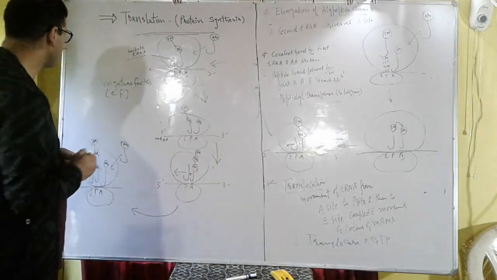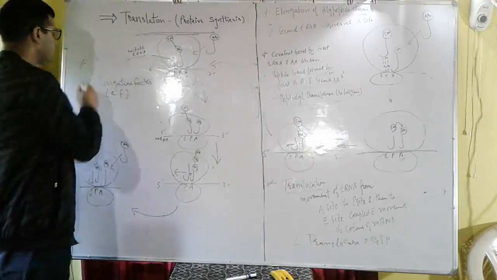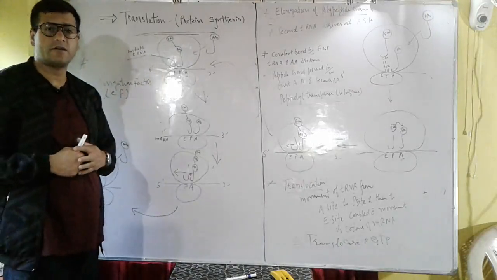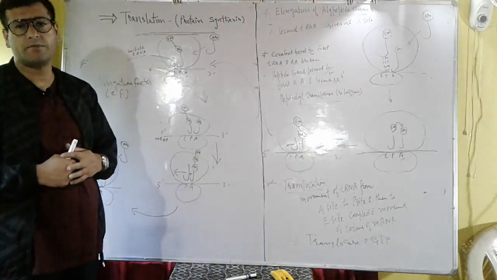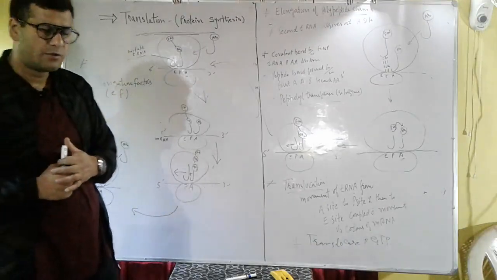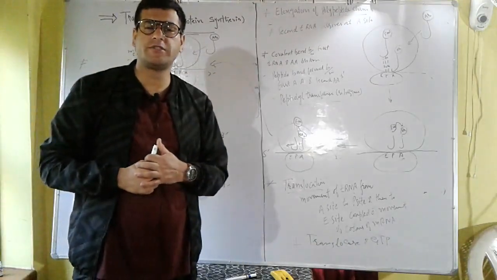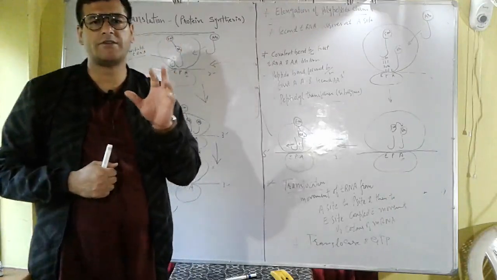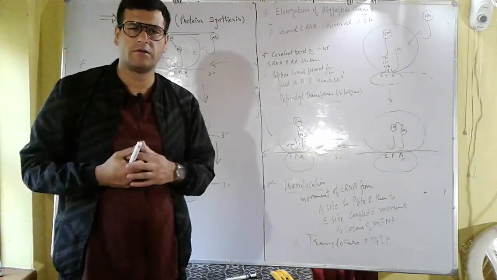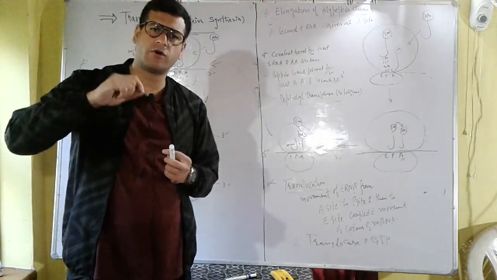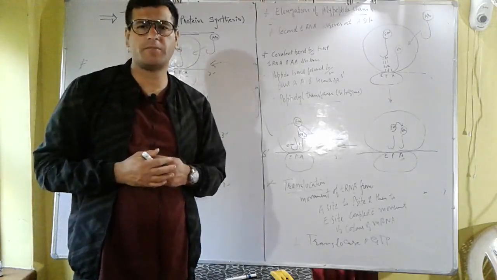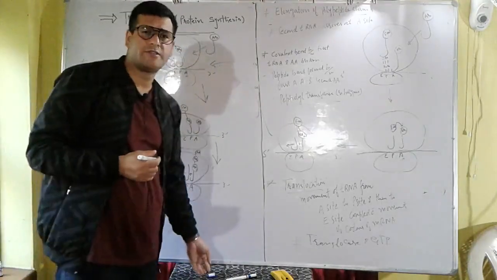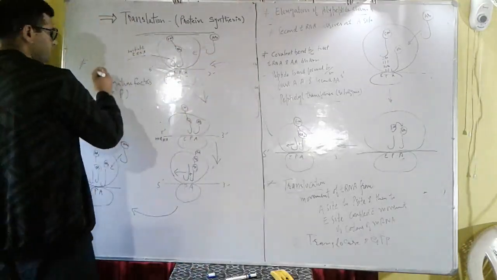Another important thing is that for incorporation of each amino acid in a polypeptide chain, energy is required. In a polypeptide chain we have many amino acids, and for the incorporation of each amino acid, 1 ATP and 2 GTP molecules are required.